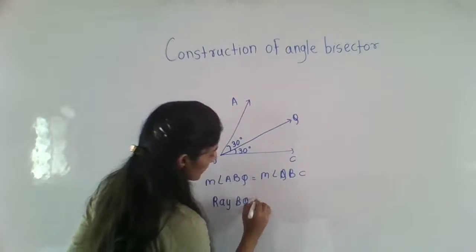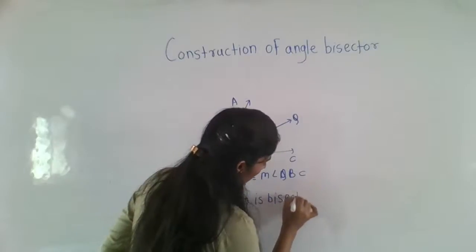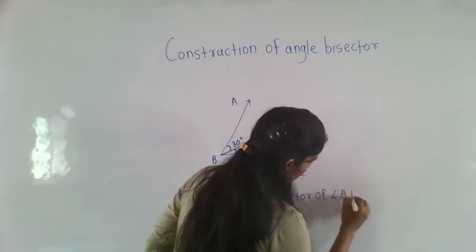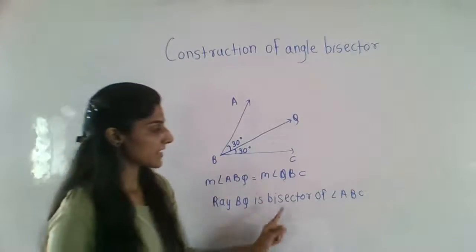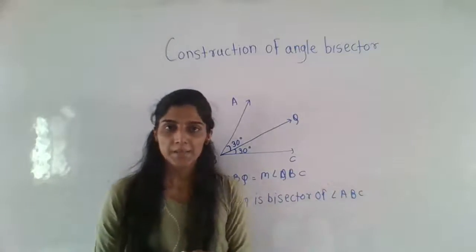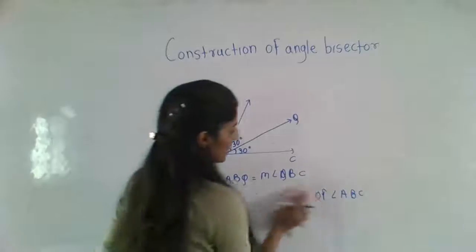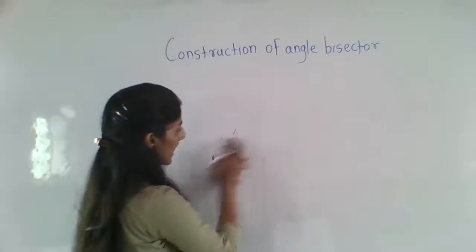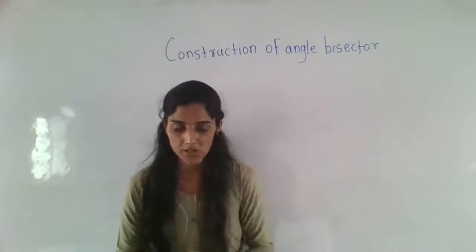Ray BQ is the bisector of angle ABC. Understand? Suppose we take an example. You can draw the angle bisector of any angle of any measure.